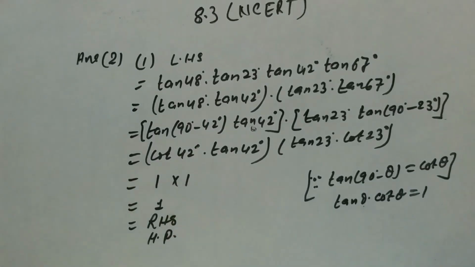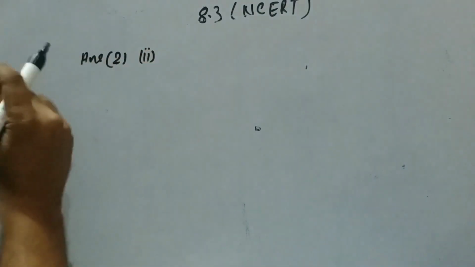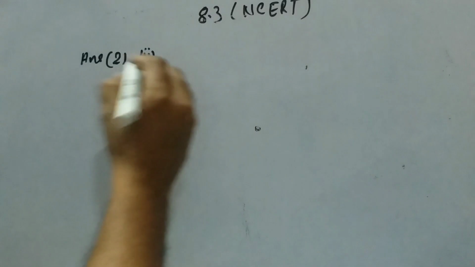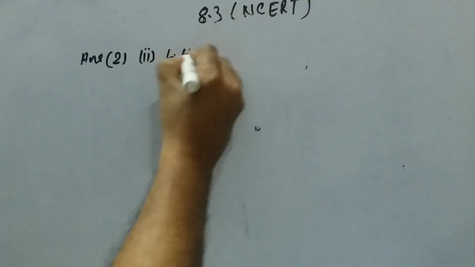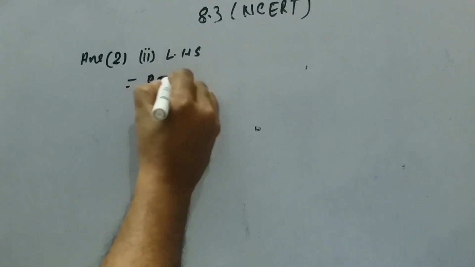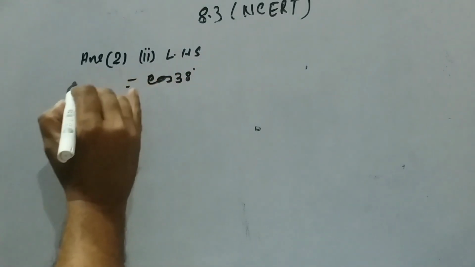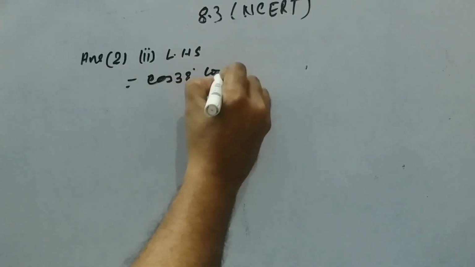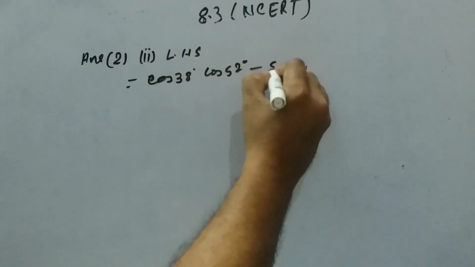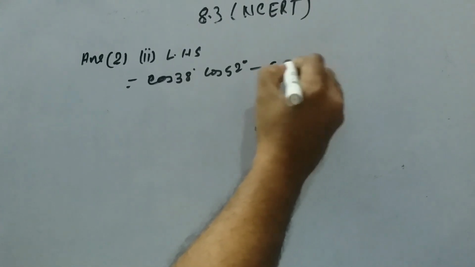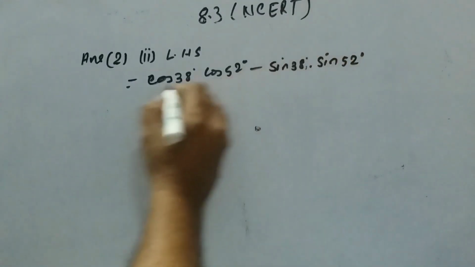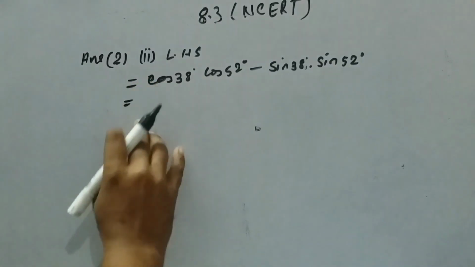Okay, question number 2. This is also LHS is equal to cos 38 degree into cos 52 degree minus sin 38 degree into sin 52 degree.